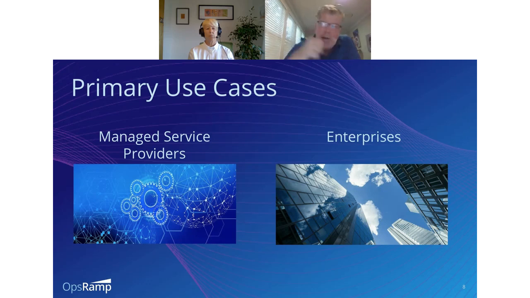But what bubbled up to the top of the list is a lot of the same things you said. It was still RCA, root cause analysis, getting to the root of the problem, still topping the list. Right behind it, event correlation, like you talked about, how to make sense of, finding the needle in the haystack. Automated remediation, also up there.